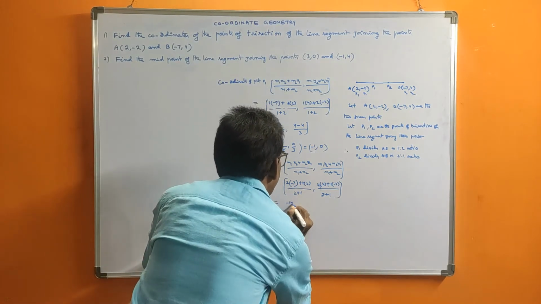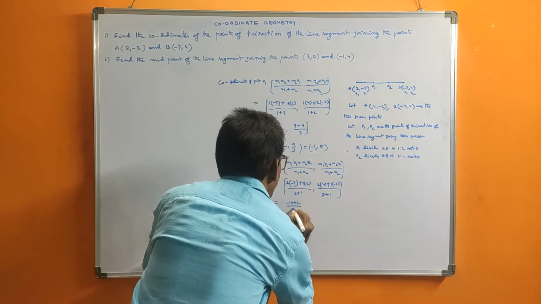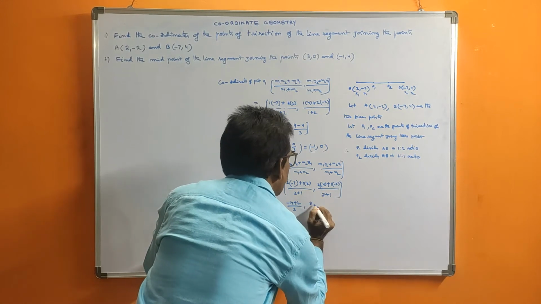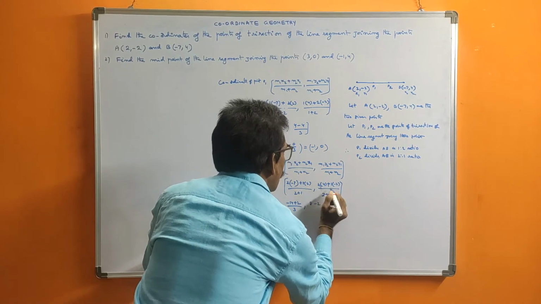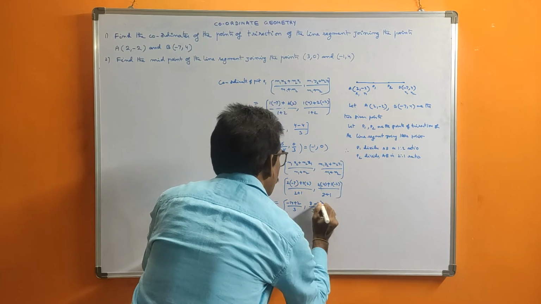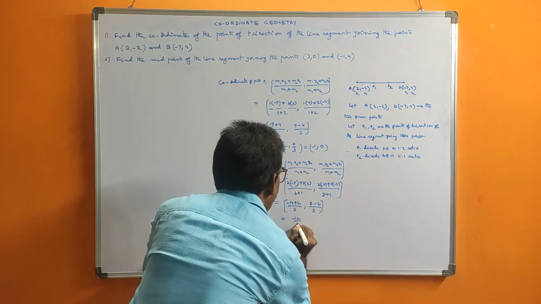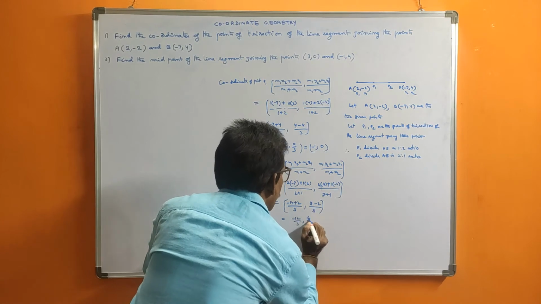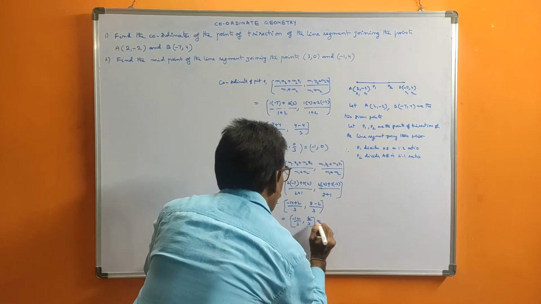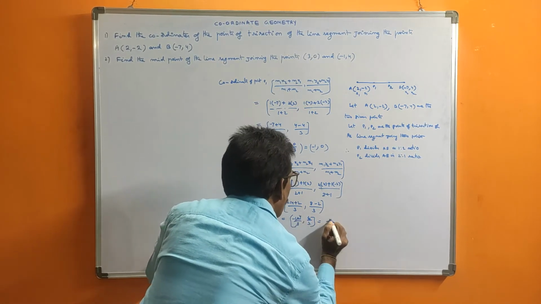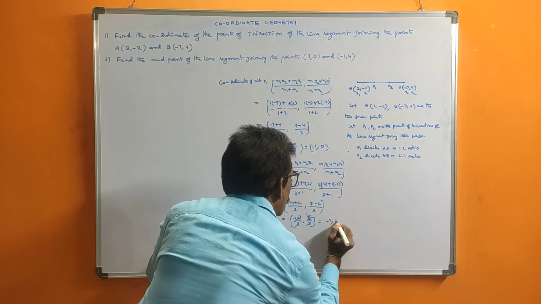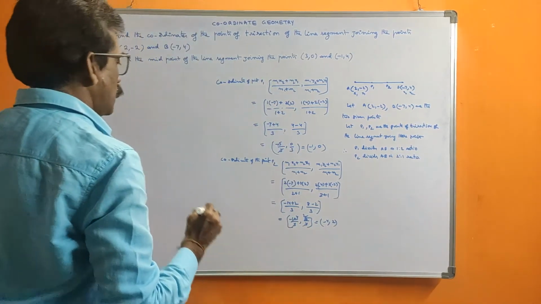So this is (-14 + 2)/3 comma (8 - 2)/3. Minus 14 plus 2 means -12/3, which is -4. And 6/3 is 2.